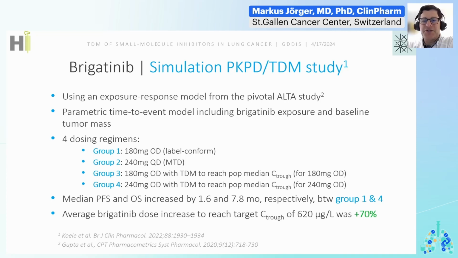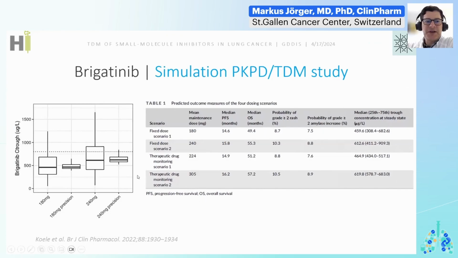And this simulation trial, important, that's an in silico trial, but they showed that by the simulations you could improve PFS and OS when moving from the label conformal dosing to group 4. And the average brigatinib dose was increased in this simulation trial by 70%.